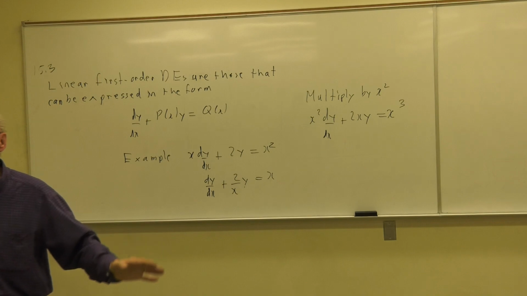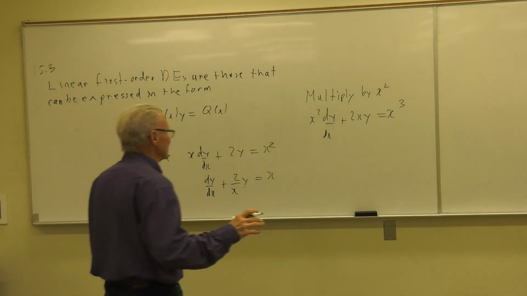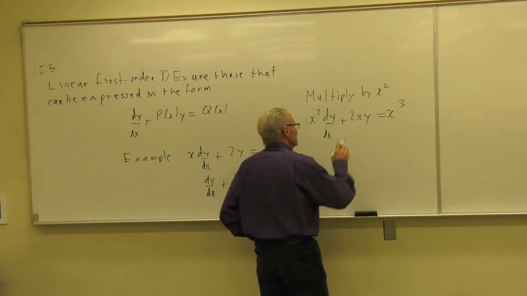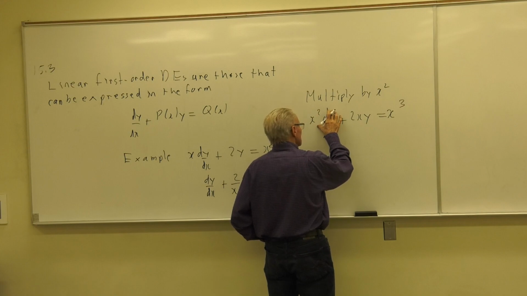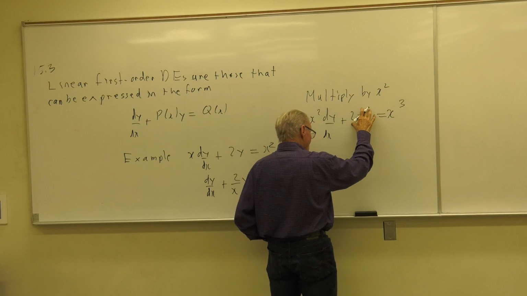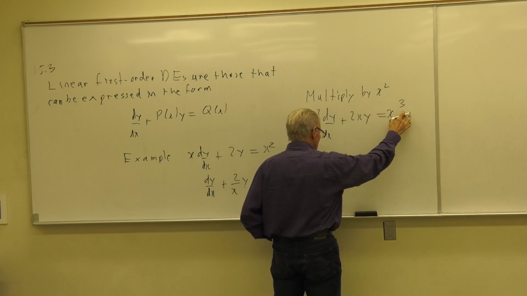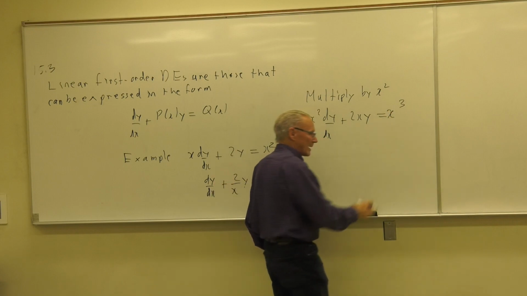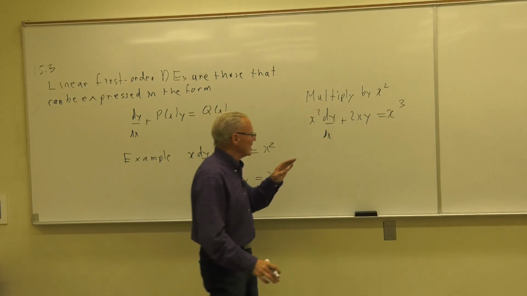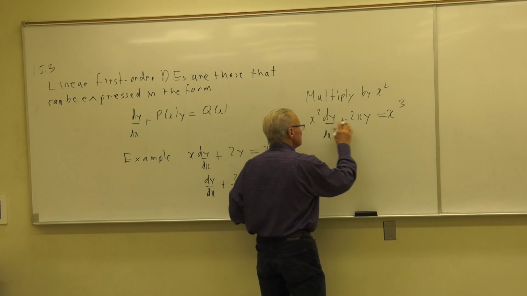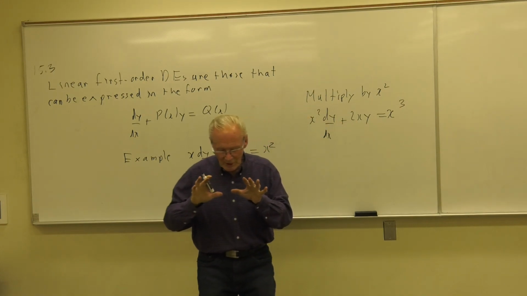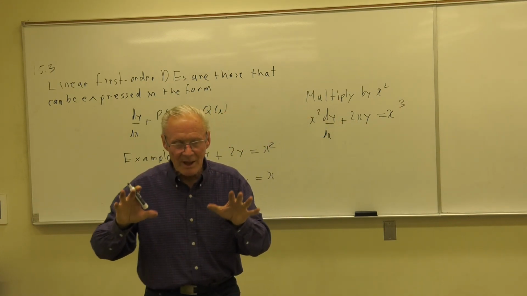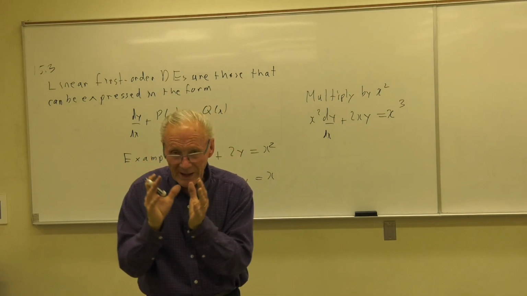Now I ask you the question again. Could you integrate this? The answer is no. You made it more complicated. Could you integrate this? No. Could I integrate that? Yes. I went from 2 I can integrate down to only 1 I can integrate. But the problem is, you're looking at this piecemeal. Don't look at it individually. Think of them as a pair.